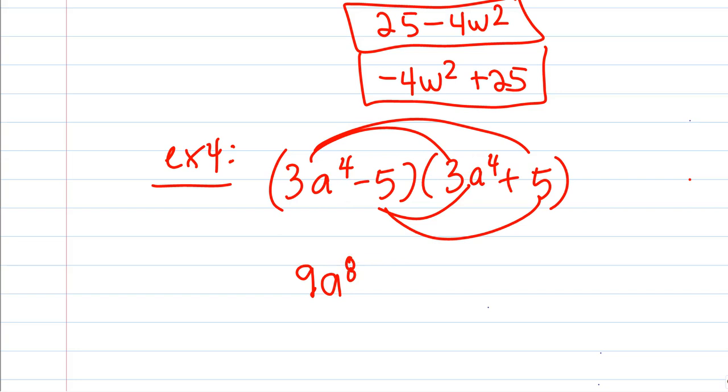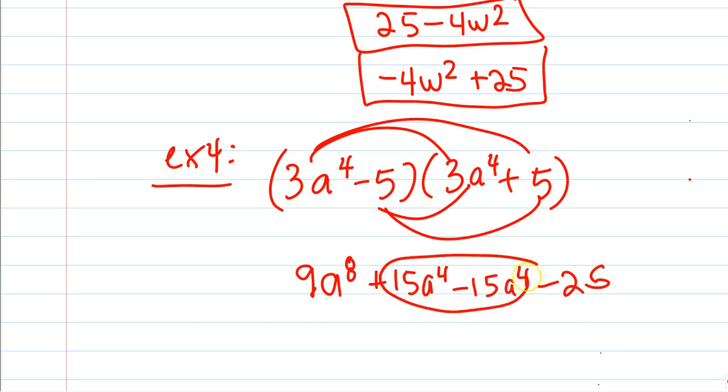You shouldn't need to use the rules on that; it should make sense. 3 times 5 is 15 a to the 4th. 5 times 3, and 5 times 5. The middle, positive 15 and negative 15, goes away. So we're left with 9a to the 8th minus 25.